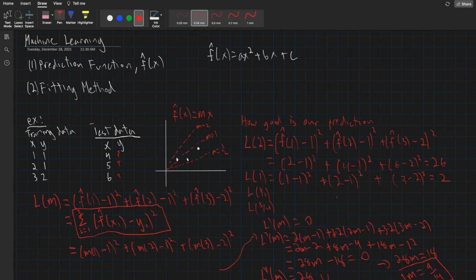So therefore f hat of x equal to 9 over 14 x will minimize loss.